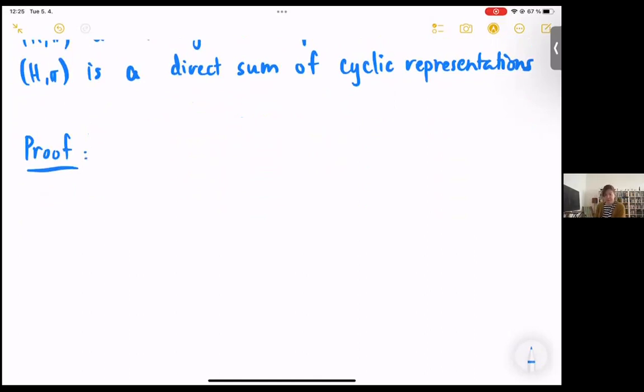Okay, so how are we going to find a cyclic representation that's at least a direct summand in H_pi?